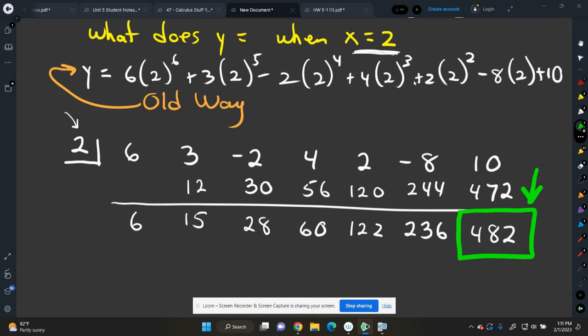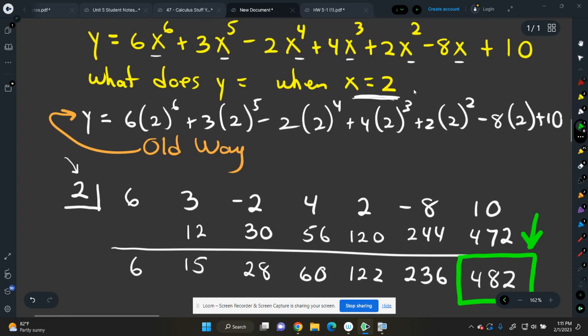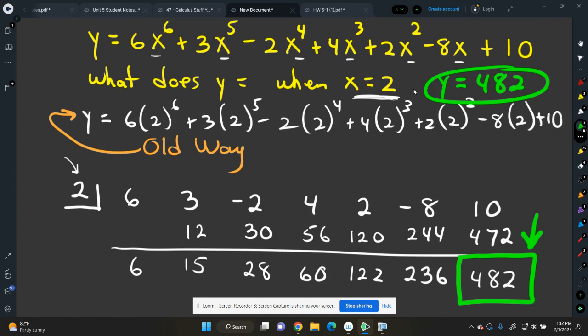That's what we get when we substitute a 2 in there. If I had done it the old way, I would have gotten 482. Y equals 482. That's our answer. It is much quicker and easier than substituting it in. That's our answer. Okay?